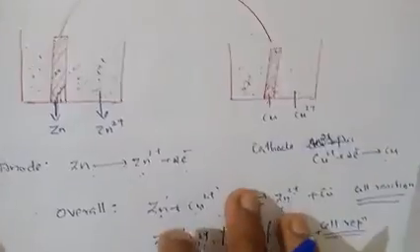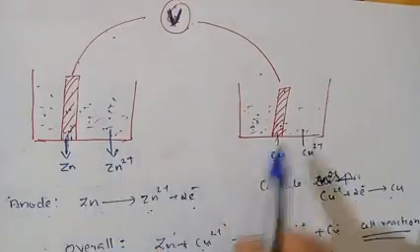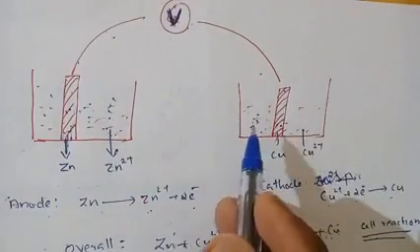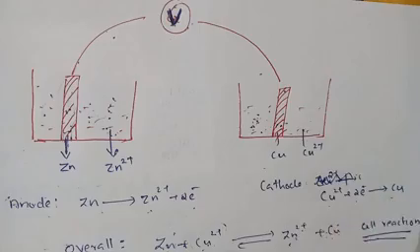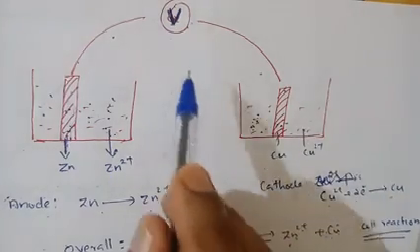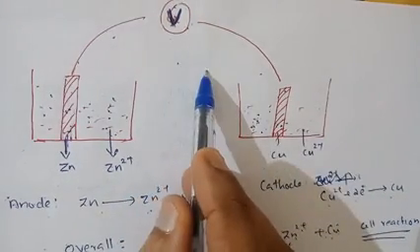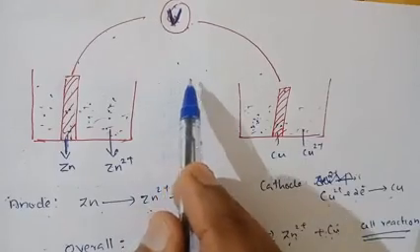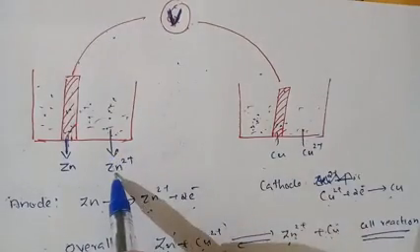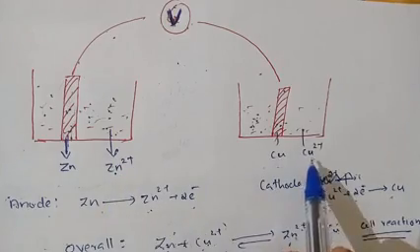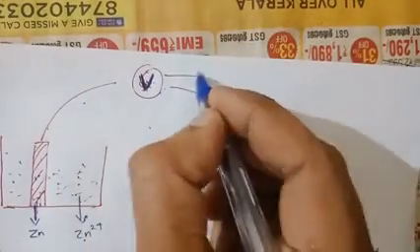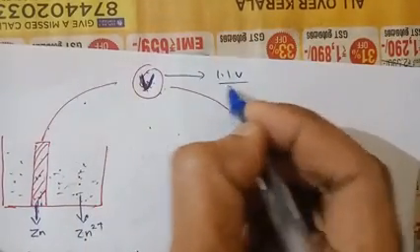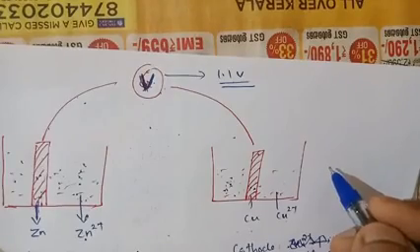That means if I take this Daniell cell in some other conditions, the temperature may be 300, 350 or like that. So if I take 298 Kelvin temperature, 1 bar or 1 atmosphere pressure, 1 molar concentration of Zn2+, 1 molar concentration of Cu2+, that means standard condition. At the standard condition, this voltmeter will read the value of 1.1 volt.